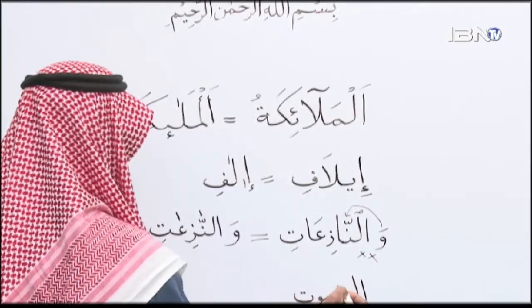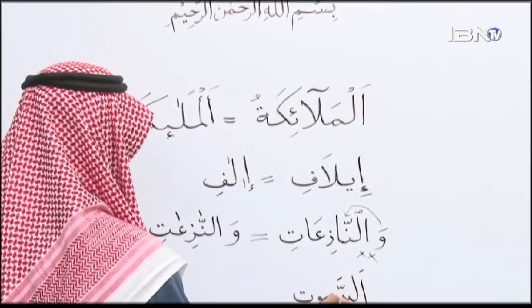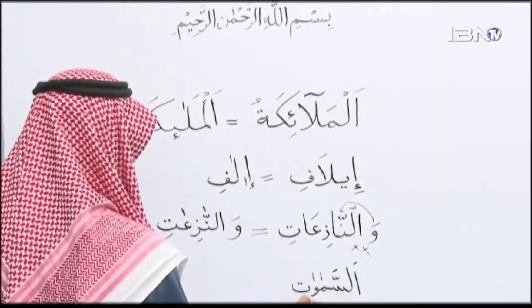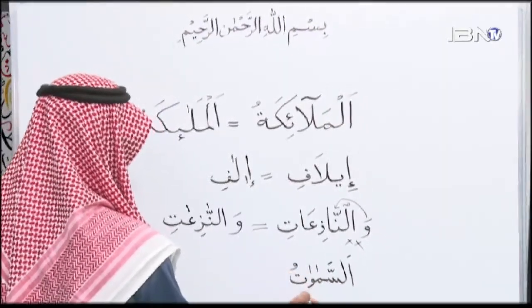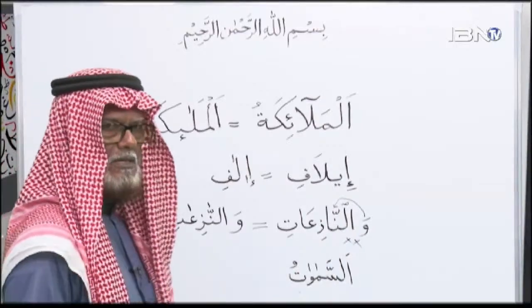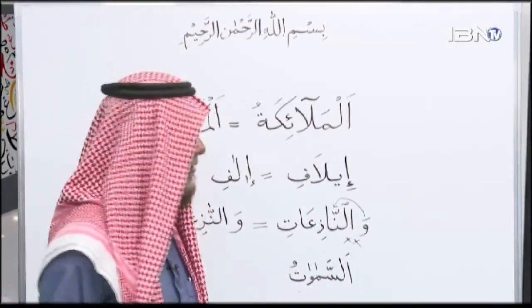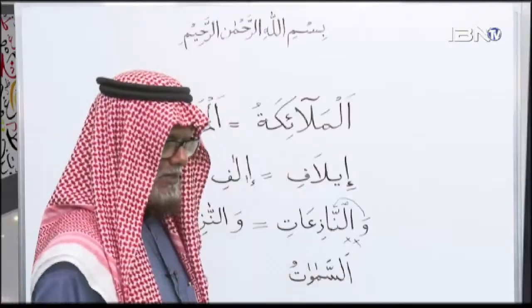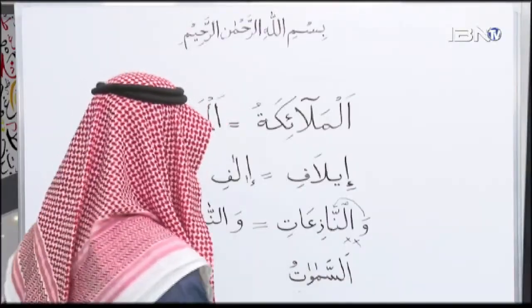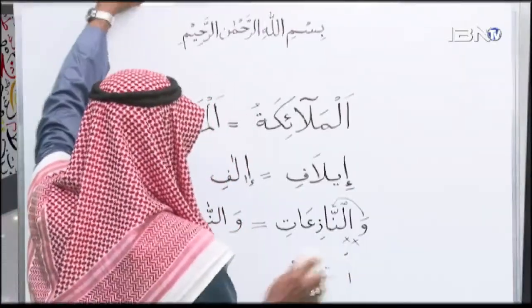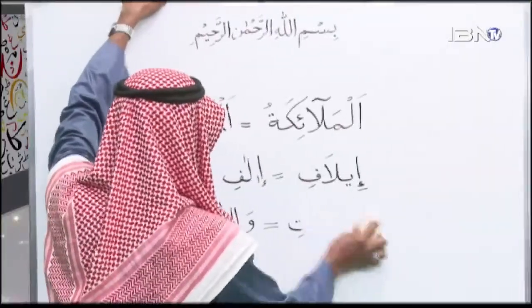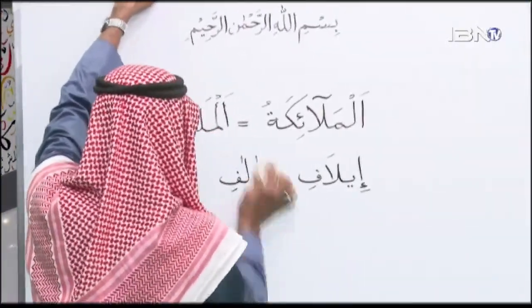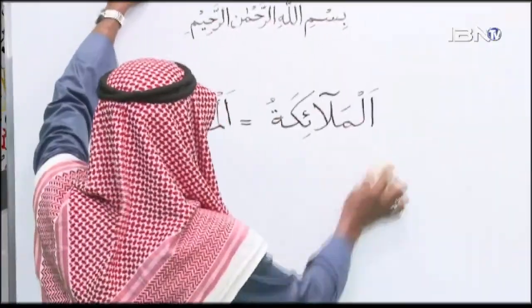So it will be as-sa-ma-wa-tu or ti, whatever it is. So the small alif replacing the big alif. Look out for all of these examples, words like them, and there are many of them in the Quran.